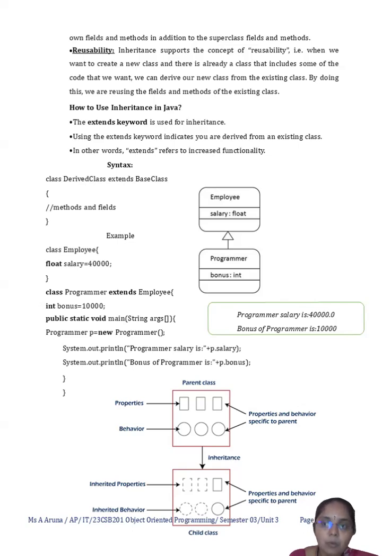This is how inheritance can be used in our Java language. Whatever properties and behavior are inherited from my parent class, I can use here. I can also update and add extra fields and methods in the child class. For this particular purpose, we use the inheritance concept.